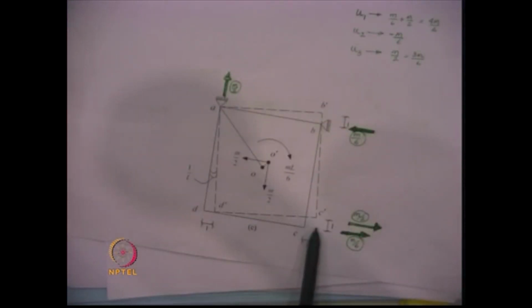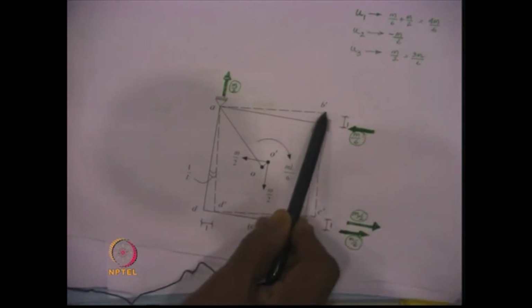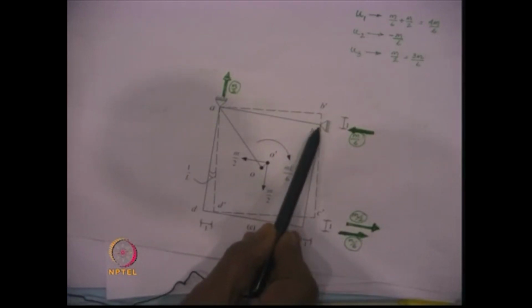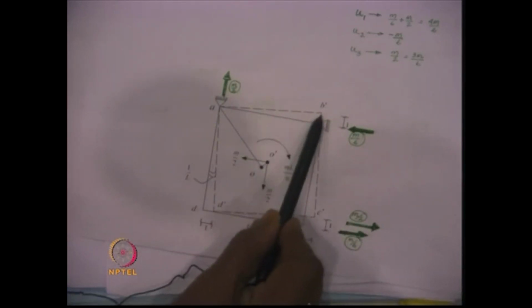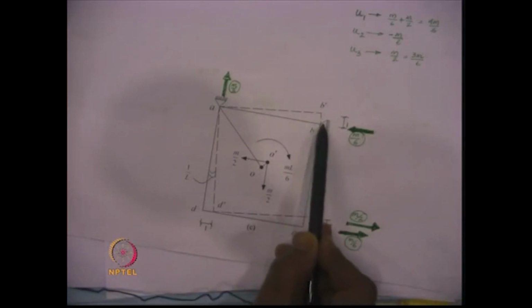So, we do not have any restraint in this direction, and therefore, it can move. Now, if it moves by unity in this direction, then this point moves to this point, that is B dashed, and this movement is again perpendicular to this line, so that this length remains unchanged because it has rotated by the same amount. In this direction there is no movement.